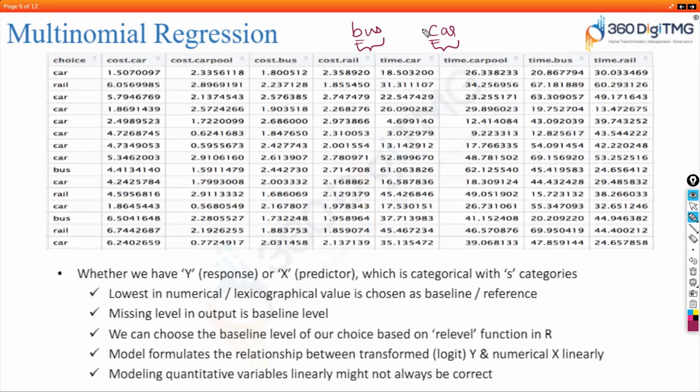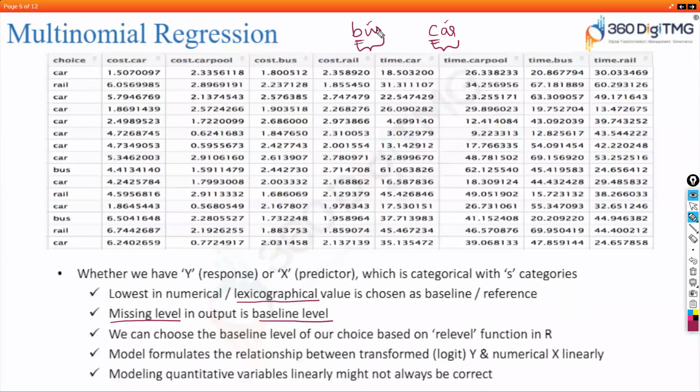You look at all the alphabets when it comes to lexicographical sequencing. Only one alphabet comes first here. But when you look at U and A, A comes first. When you look at S and R, R comes first. That's called lexicographical value. So the missing level is the baseline level.